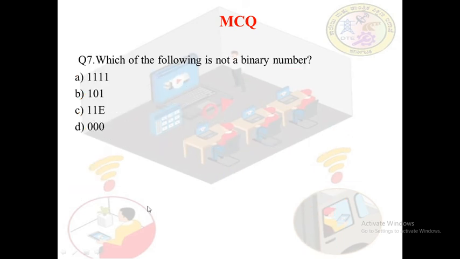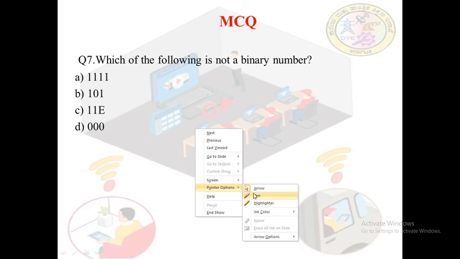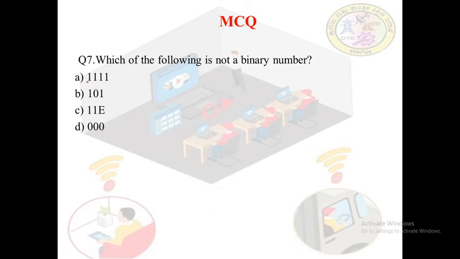Last question. Which of the following is not a binary number? Very simple question. Binary numbers are represented by zeros and ones only. Option A, 1111, is a binary number. The question is for which is not a binary number, so this is not the answer. 101, of course it is a binary number, this is not the answer.